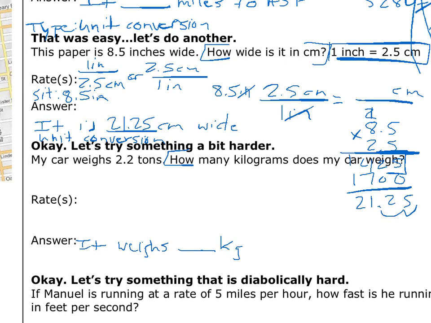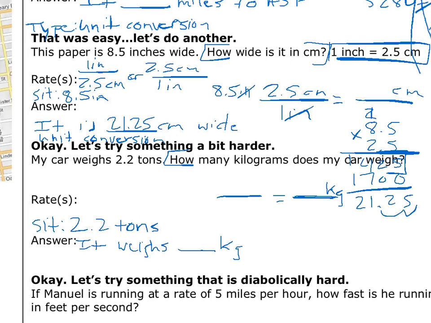I know my situation is that my car weighs 2.2 tons. And as I'm getting ready to set up this dimensional analysis, I know that I need my answer to be in kilograms. The unfortunate thing, though, is if I start looking in the back of my agenda, it doesn't give me a rate for kilograms to tons.